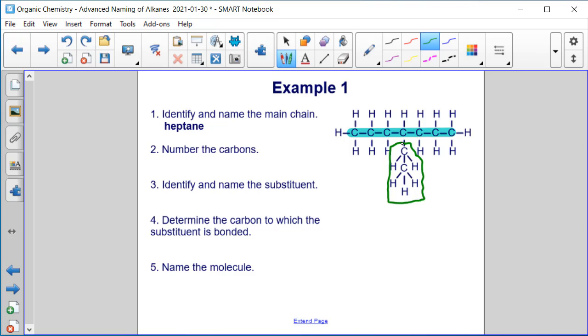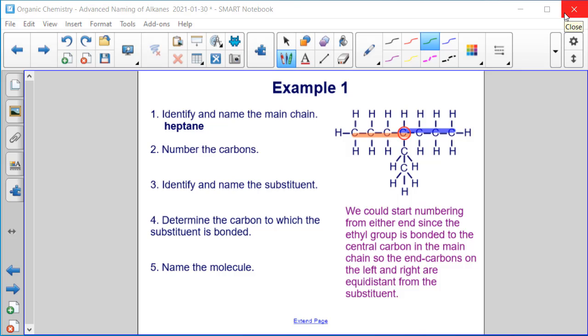The substituted carbon should have the lowest number possible. So if I start here, I get 1, 2, 3, 4, 5, 6, 7. If I start here, I get 1, 2, 3, 4, 5, 6, 7. In both cases, this number is 4. So you can start numbering however you would like to. I'll show you in the next couple of slides how we've chosen to do it.